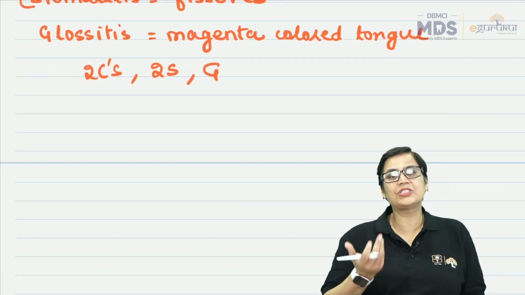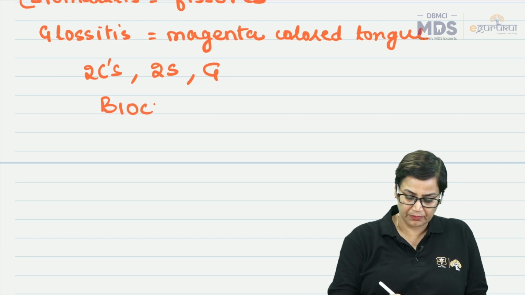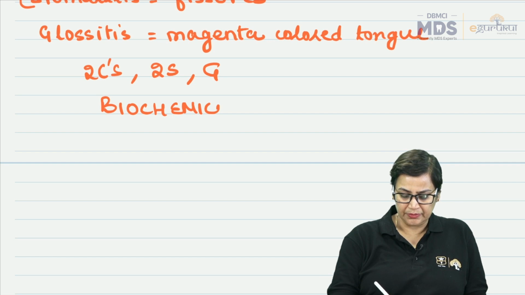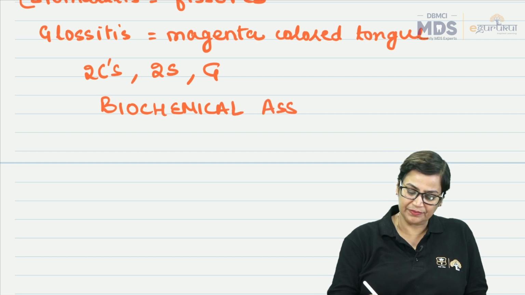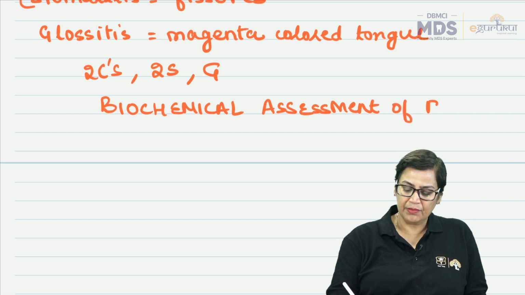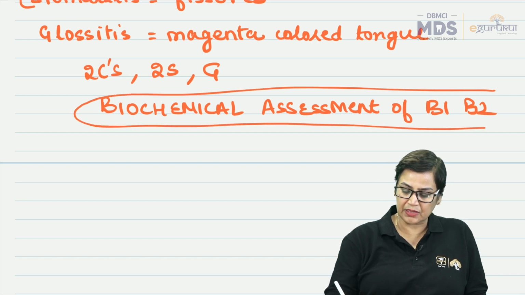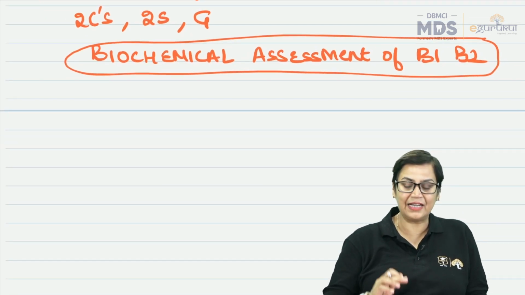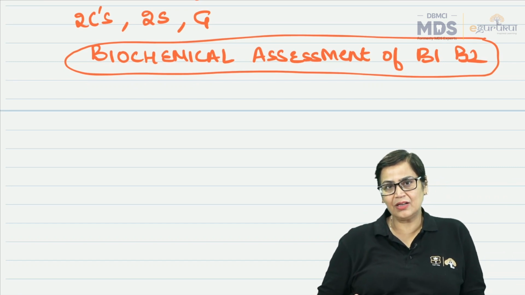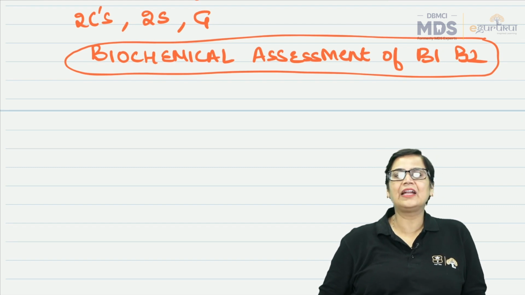After this, the most important feature again is biochemical assessment of B1 and B2. Because how do we estimate that B1 is not present in a particular subject or B2 is not present? So how do we identify? There are different biochemical tests or we carry out the assay of the enzymes.